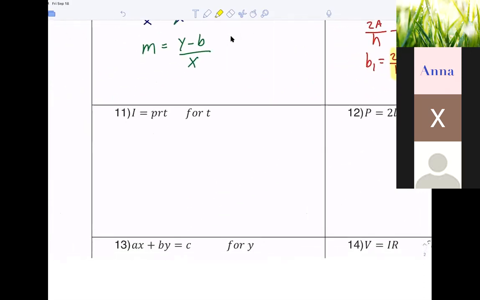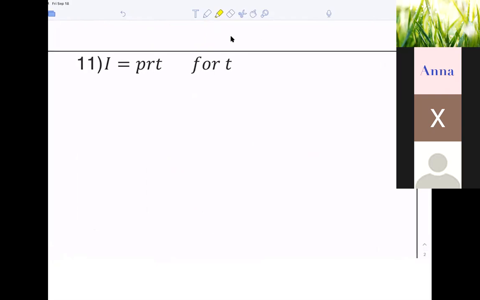We're going to check out number 11 now. What am I solving for? You're solving for t. So I like to highlight t, which means all I have to do is divide by PR. So t equals I divided by PR.